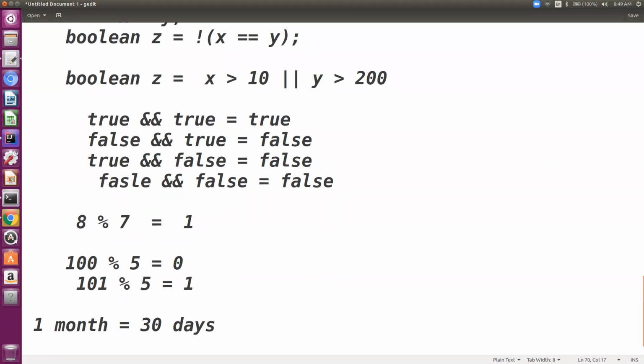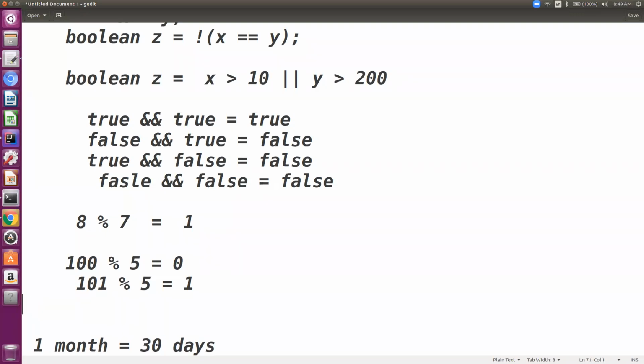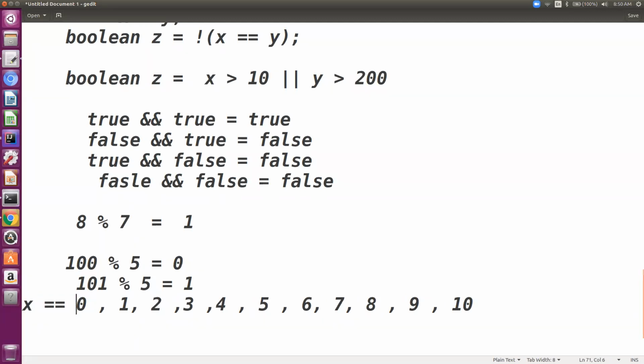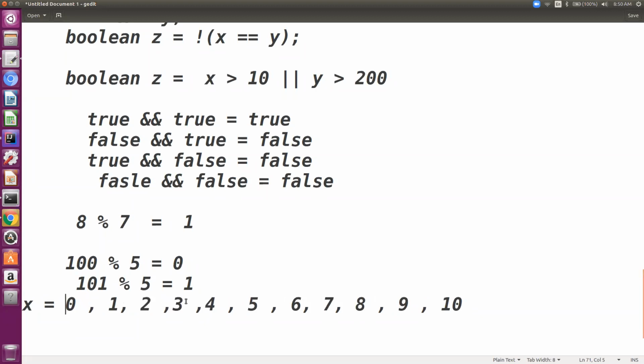What I mean to say is this: let's start with 0, 0 1 2 3 4 5 6 7 8 9 10. I hope you will appreciate why it is important. Now let's say this is my x value, it keeps coming again and again. Sometimes x will be 0, sometimes 1, sometimes 2.